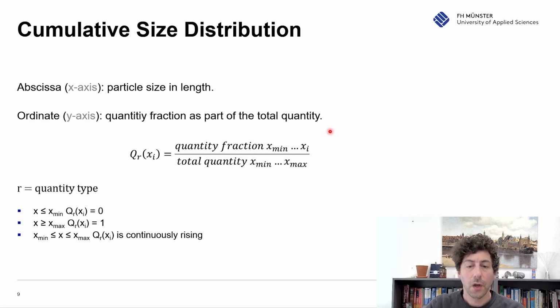So this means we measure from a starting size 0 to 1 micron. And all particles in this block is divided by the total amount of particles. So we get a percentage of which fraction is in this area. And then we go from 0 to 2 micron. And we measure all particles and then we divide by the total amount, and so on and so on.